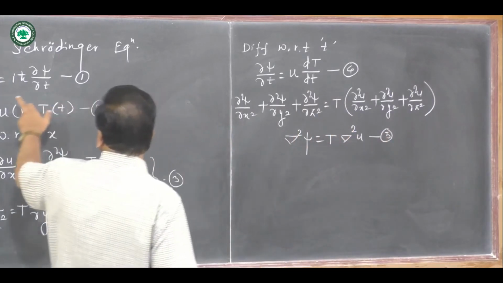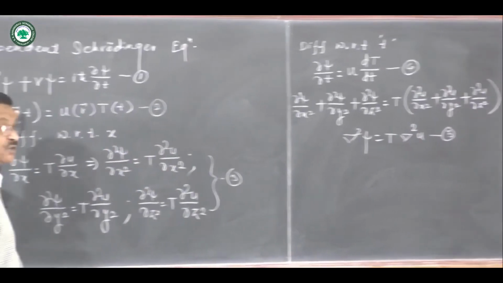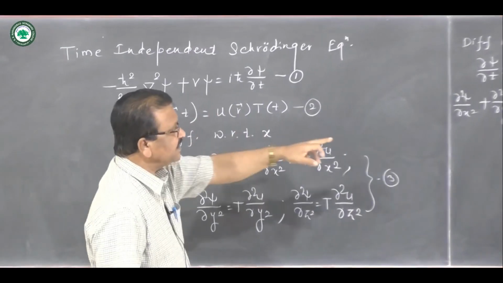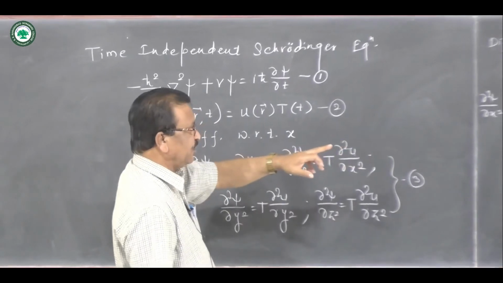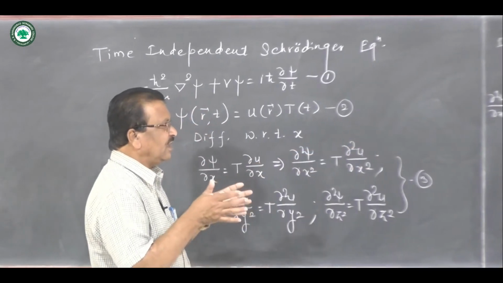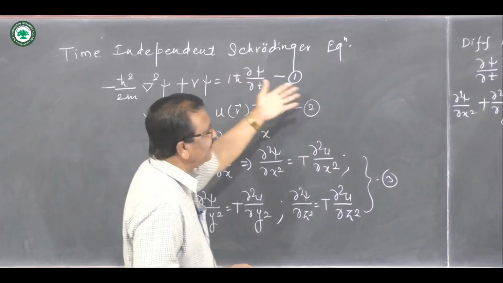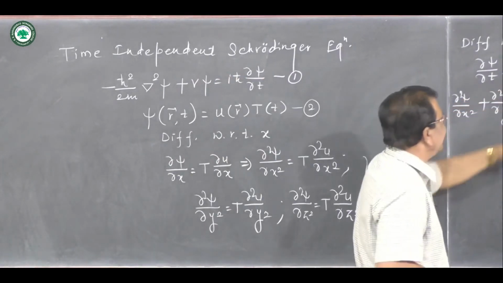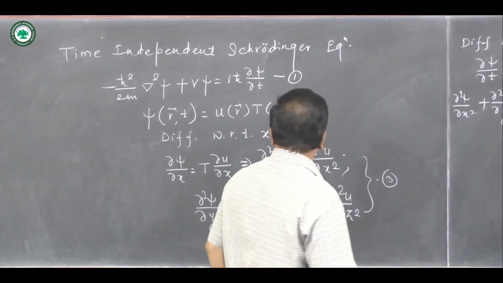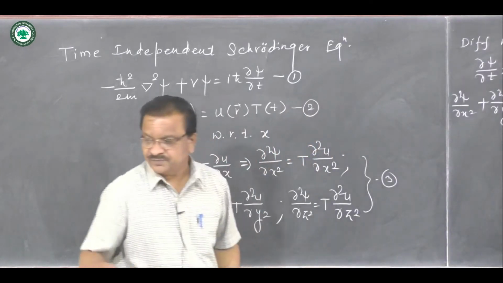So in this time dependent Schrodinger equation, I will replace del square ψ by T times del square u, where u depends on r alone, and ∂ψ/∂t I will replace by u dT/dt. So that is what I am going to do.